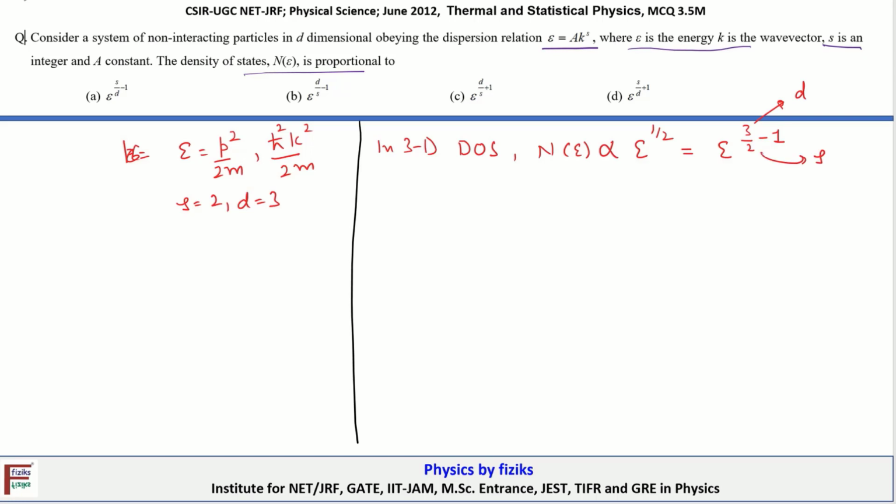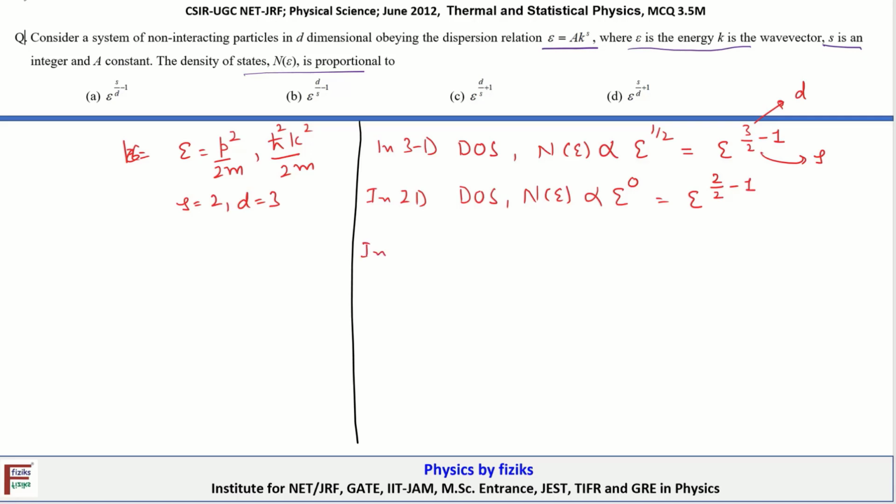Now similarly for the two-dimensional system, the density of states N(E) is independent of the energy, that is E power 0, and this can be written as E power 2 by 2 minus 1.